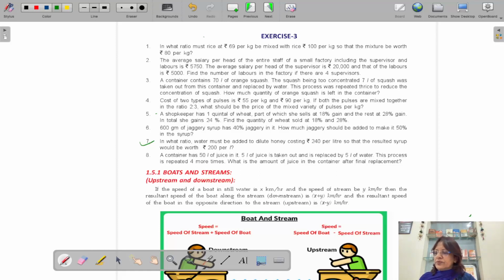In what ratio water must be added to dilute honey costing rupees 240? See, here the cost of honey is rupees 240. What is the cost of water?